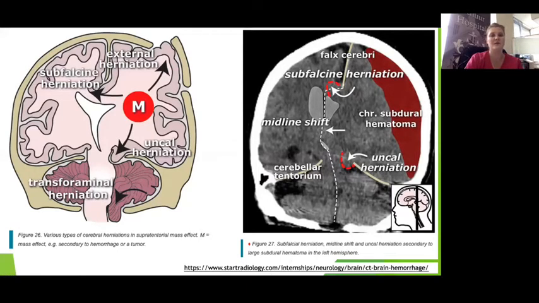If the depressed skull fracture is overlying a motor strip area, you can have arm or leg weakness, including facial weakness, depending on where your little homunculus is sitting in relation to the fracture site, and then obviously respiratory and blood pressure hemodynamic instabilities when we're moving towards brainstem compression herniations.